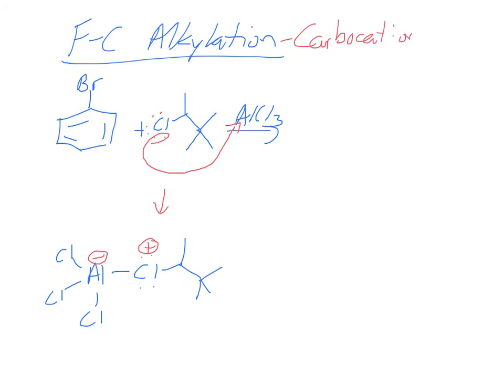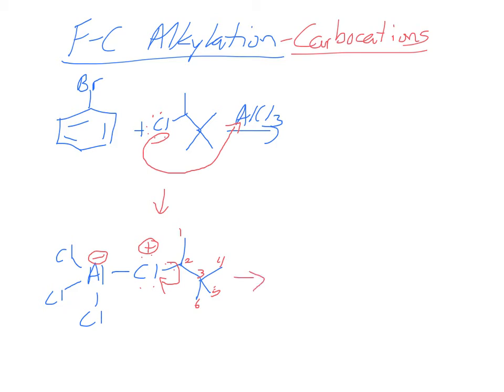So the next thing we need to do in our Friedel-Crafts alkylation: the super electrophile is a carbocation. So we have to make the carbocation. I'm going to number our carbons now. Let's have these electrons go away, go with the chlorine.